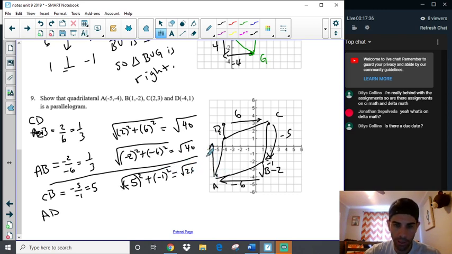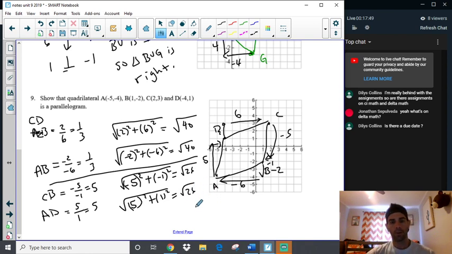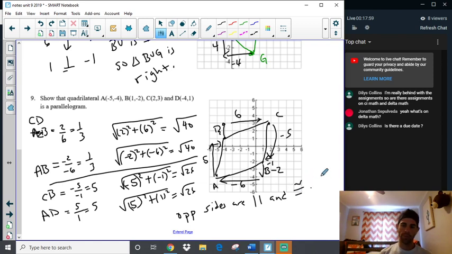Here you'd be going up 5 and right 1, which is 5. 5 squared plus 1 squared, 26. Opposite sides are parallel and congruent. Therefore, you have a parallelogram.